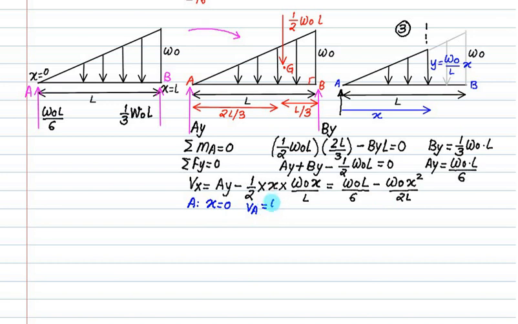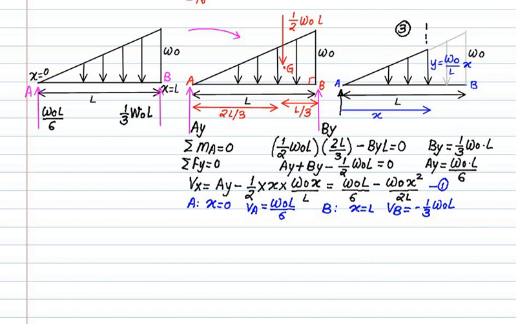Is it equal to W0L divided by 6? So at point B, substitute x equal to L in equation number 1, solve for Vx, and check your answer is minus 1 by 3 W0L. Agree?